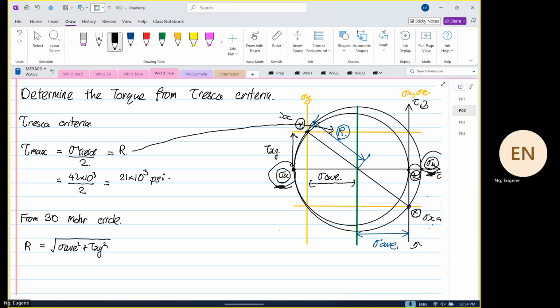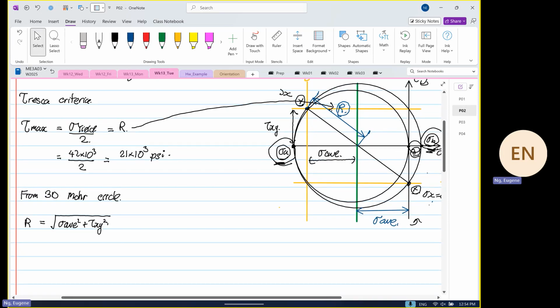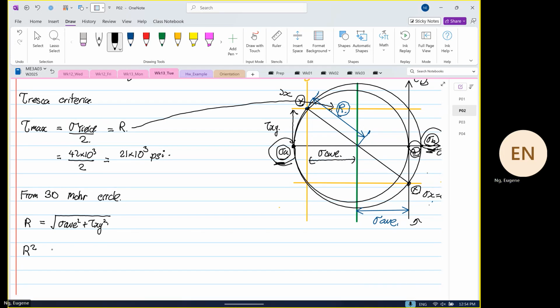If I tidy this up a bit, we have R squared minus stress average squared equal to shear xy squared.